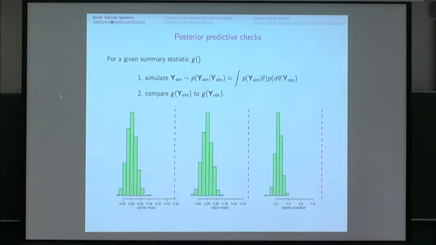Then you simulate a new network from the posterior predictive distribution of the network given the observed network. In other words, roughly speaking, you estimate the parameters in your model with your observed network, and then you use those parameters to predict a new network, Y sim. Now you have a new network, Y sim, and you compare the statistic for Y sim to Y observed.